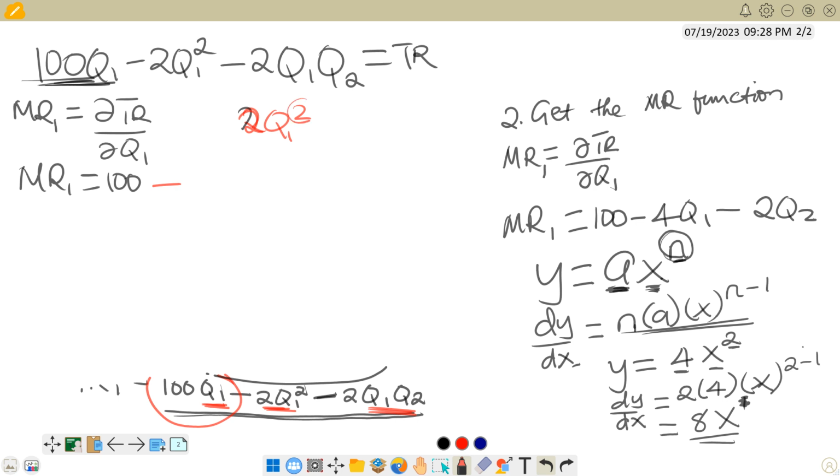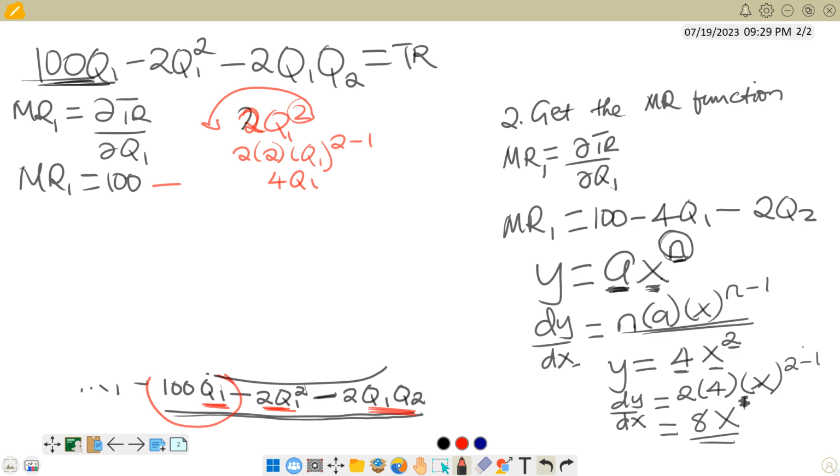So that power there, the 2, will have to drop, then we multiply with everything. So this will be 2 on top multiplied by the 2 down. We're going to multiply this by q1, and then from the power of q1 we're going to remove a 1. So the steps are just the same. So this will be 2 by 2, 4, multiplied by q1. Why? Because 2 minus 1, the power there, the answer is 1, right?